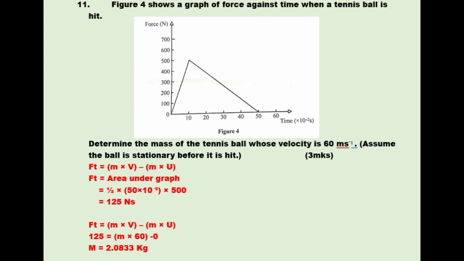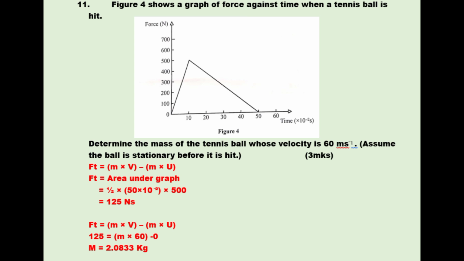The mass. Of course, we know area under that graph will represent the impulse. Area under force time graph is impulse. That means we get the area, which is half base times height, which gives us 125 newton second. Then we know impulse Ft is change in momentum, mv minus mu. Impulse, that is from Newton's second law of motion.